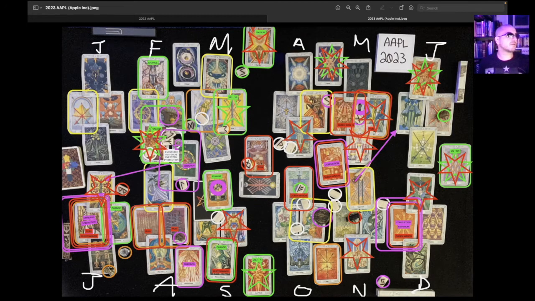Is Apple's price level on December 13th and 14th the highest price level for Apple in the month of December 2022?